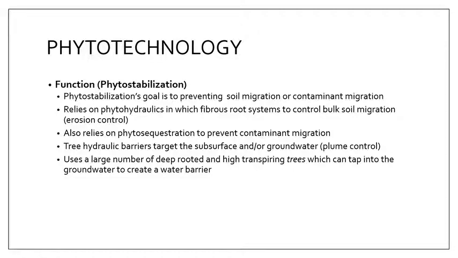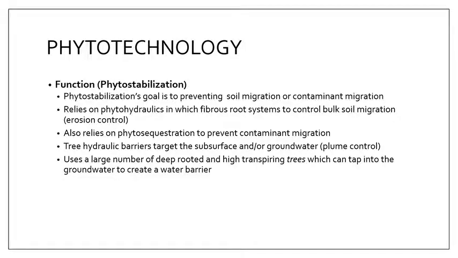Alright, so phytostabilization also relies on another function called phytosequestration, wherein the contaminants are stored in the plants or in the zones near the plants. So this prevents contaminant migration. Okay, and another subsidiary function used in phytostabilization is the use of trees as hydraulic barriers.